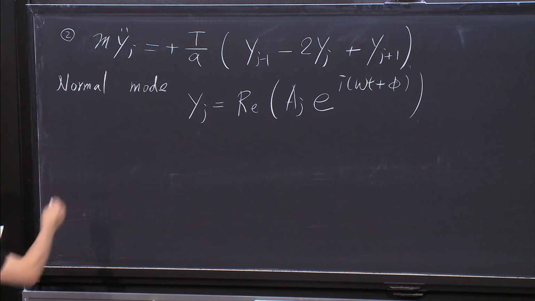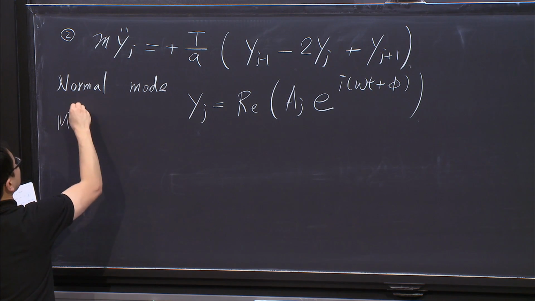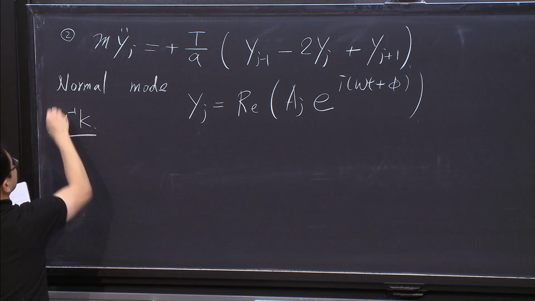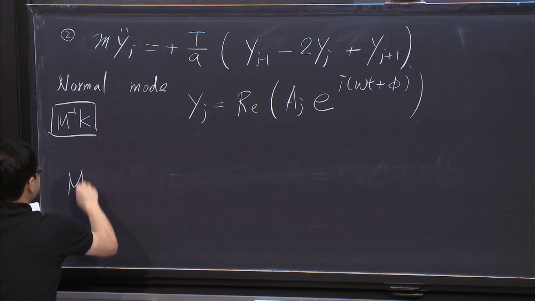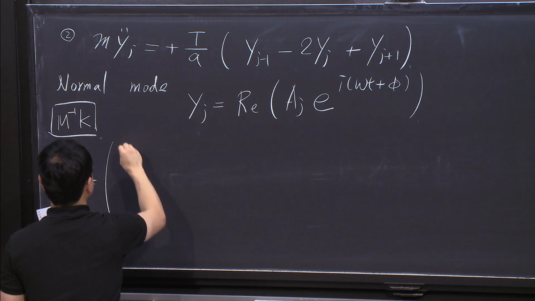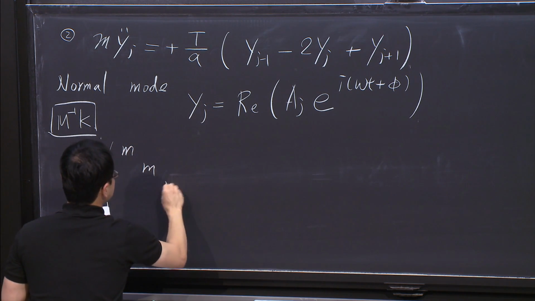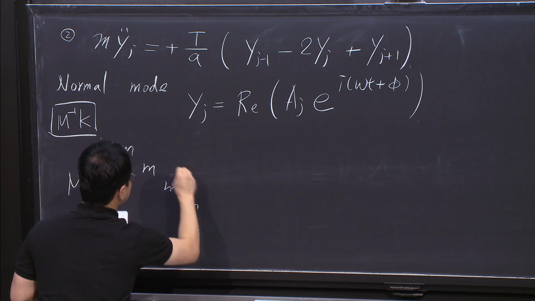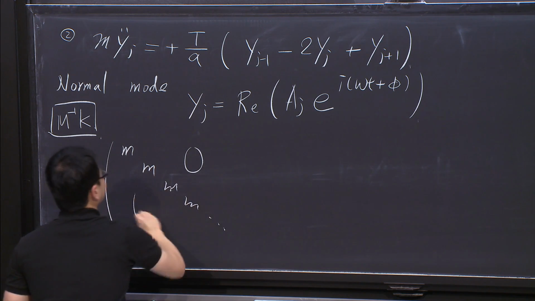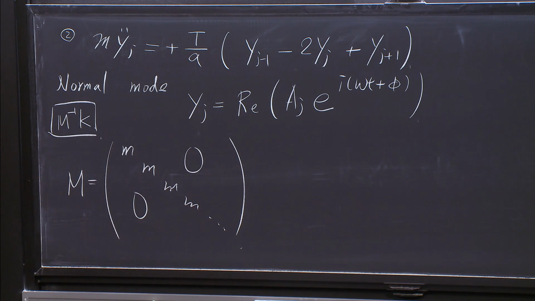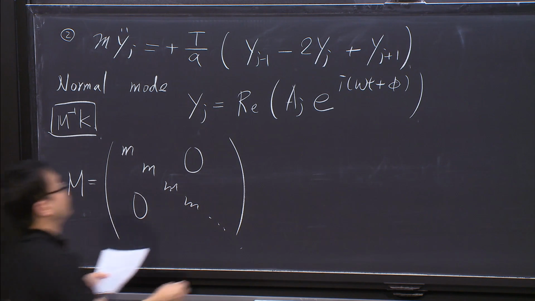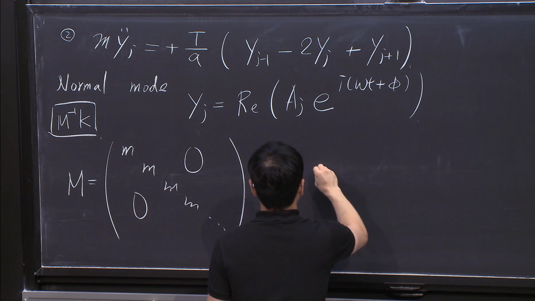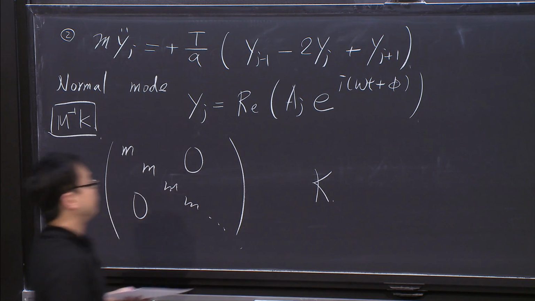And now the next step is to get the M-inverse-K matrix, right? So what is the M matrix? The M matrix is really straightforward. It's M, M, M in the diagonal terms, and all the rest of the terms are 0. And of course, you can also write down the K matrix.